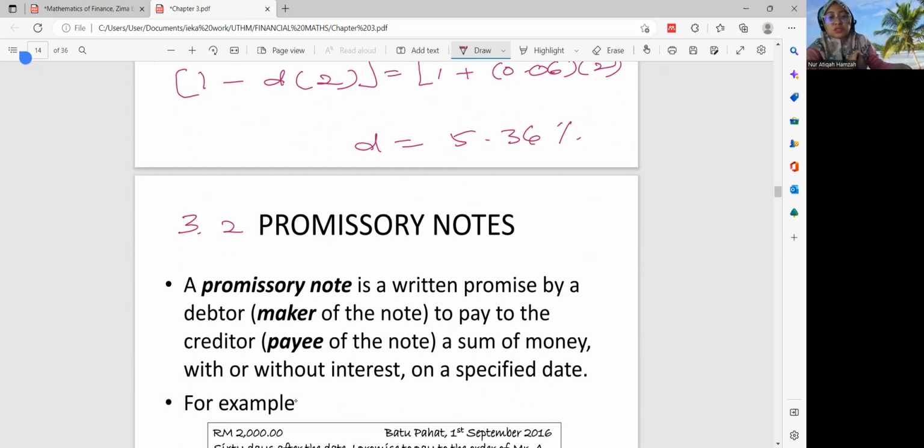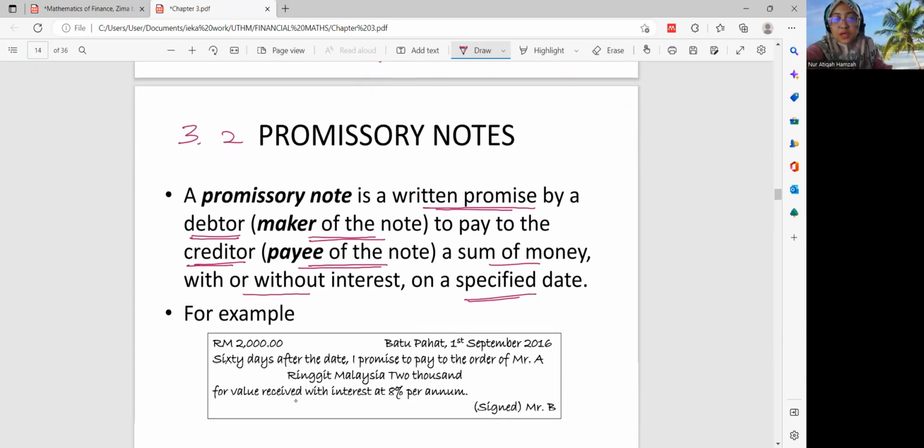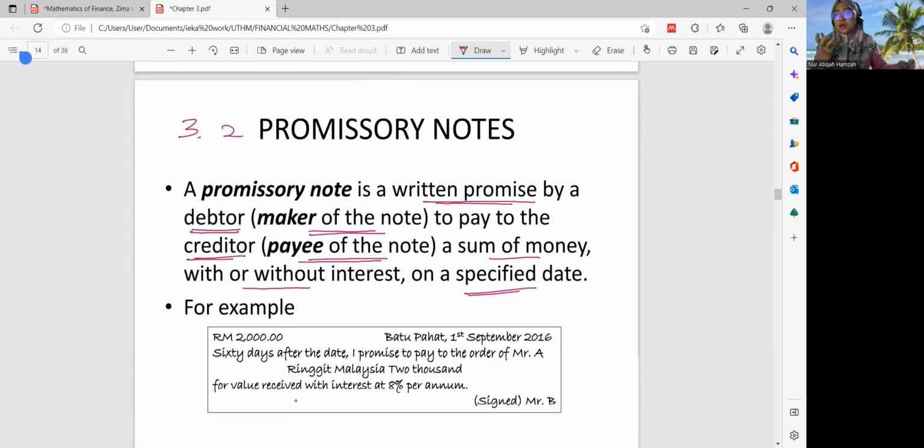So a promissory note is a written promise by a debtor, also known as the maker of the note, to pay to the creditor, the payee of the note, a sum of money with or without interest on a specified date. Maksudnya kat sini macam ada perjanjian. Promissory note ni perjanjian.